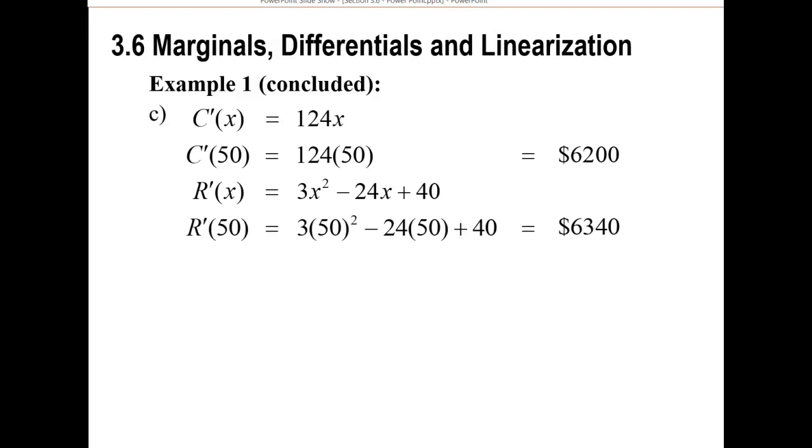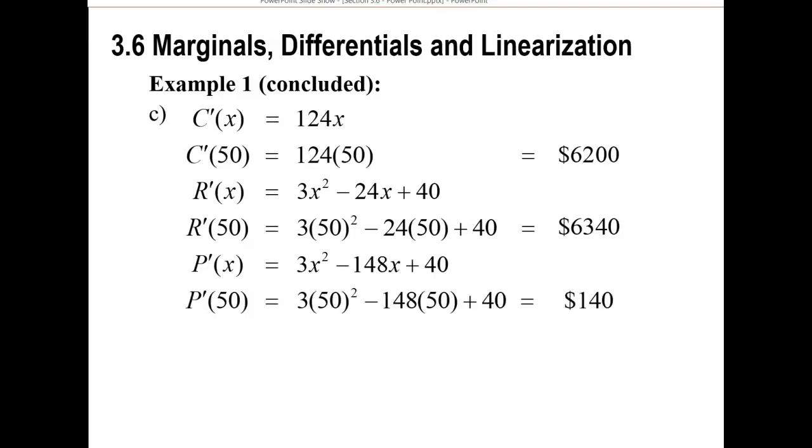So the revenue taken in for the 51st item, $63.40. Profit function's derivative is this. Plugging a 50 into that is $140. So the profit for the 51st item is $140, which makes sense because $140 is the difference between revenue and cost.